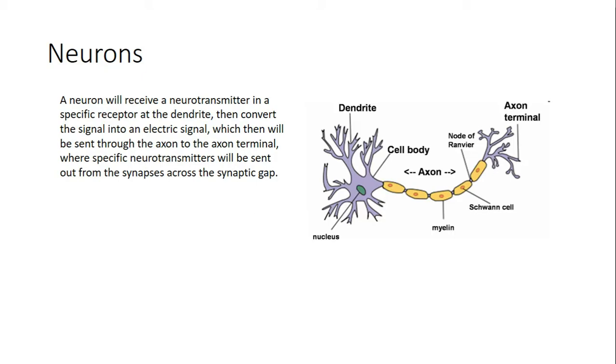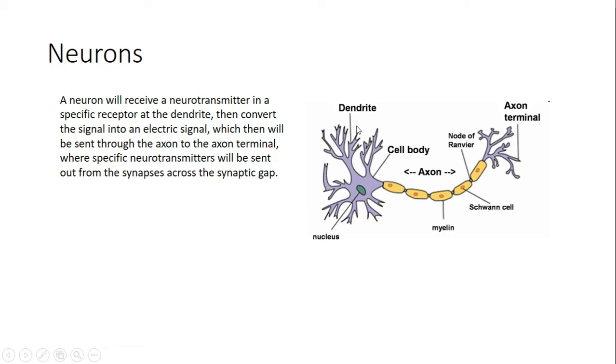So a neurotransmitter goes into a receptor, and a receptor is always a specific shape for the neurotransmitter. The neurotransmitter is received at a specific receptor at the dendrite. The dendrite is the bit up the top, and the neurotransmitter always gives a specific signal. It gives a specific command.